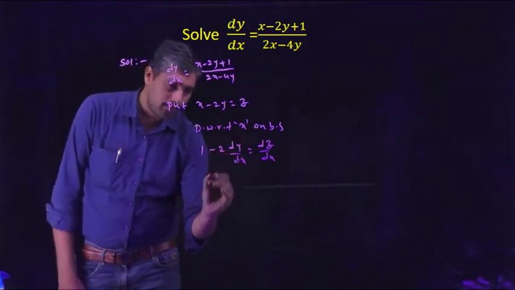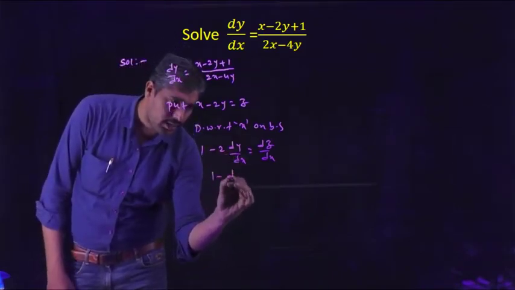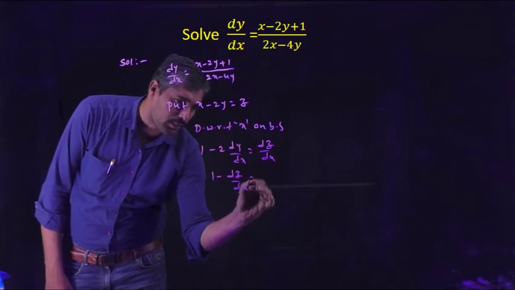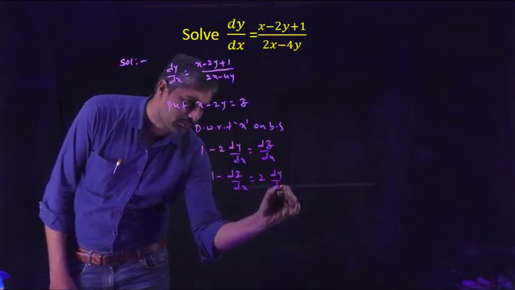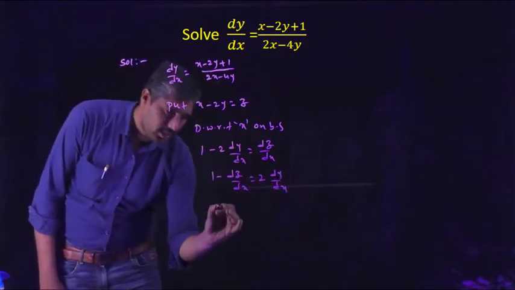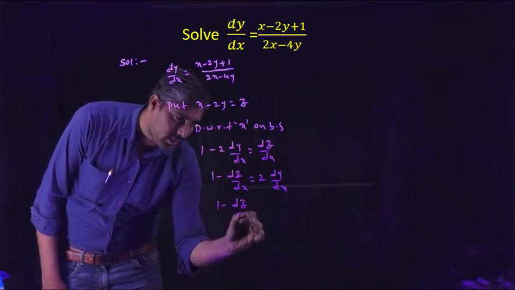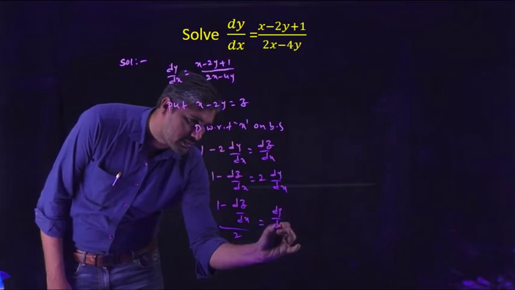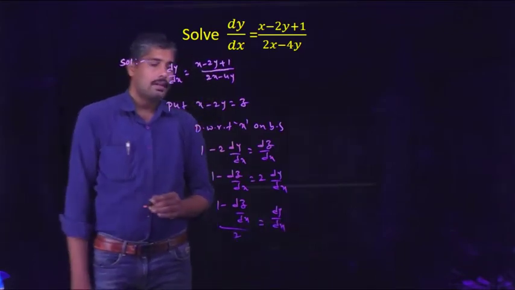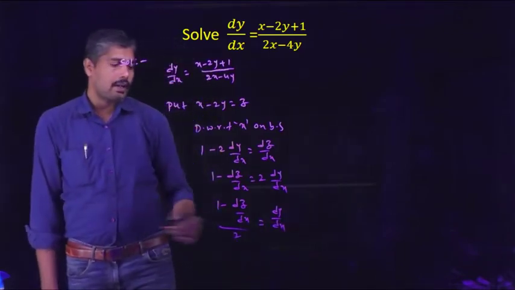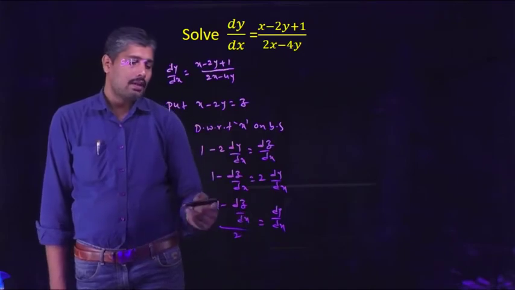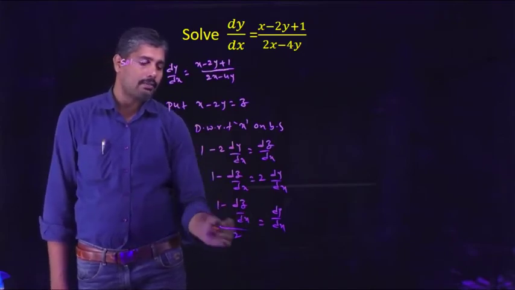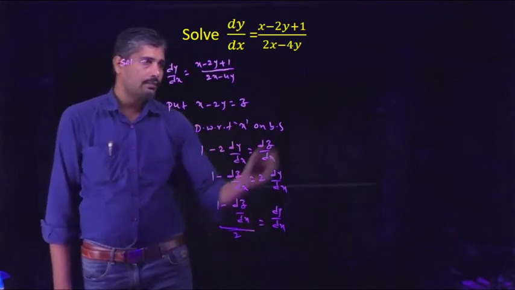That is 1 minus dz by dx equal to 2 into dy by dx. That is 1 minus dz by dx by 2 equal to dy by dx. Right? Substitute dy by dx, that is 1 minus dz by dx by 2.